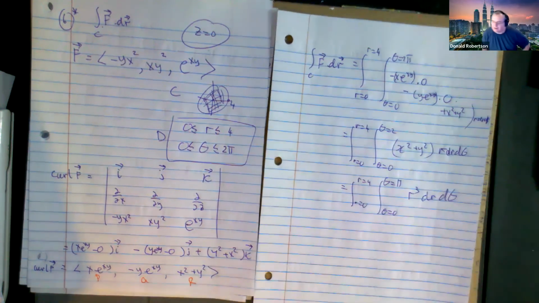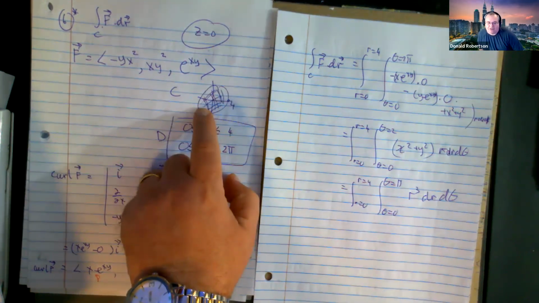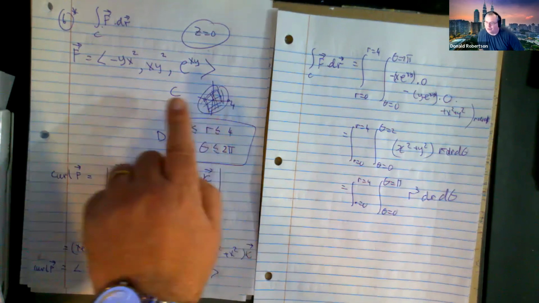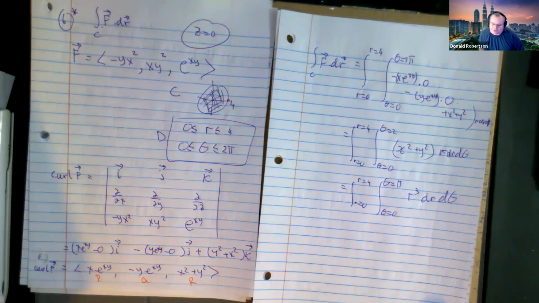What a pretty looking answer. The only thing that caught me was there wasn't anything in the description like z equals x plus y, some kind of plane cutting through. But if you tell me that C is on the floor, isn't that the surface z equals 0 meeting up with the cylinder? So that's how I figured out it was z equals 0.